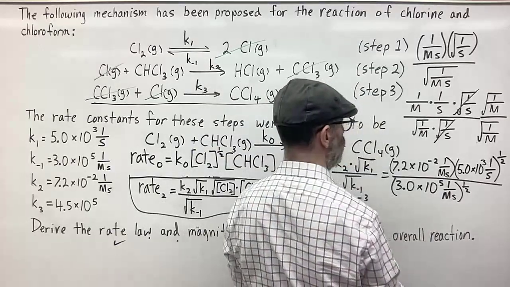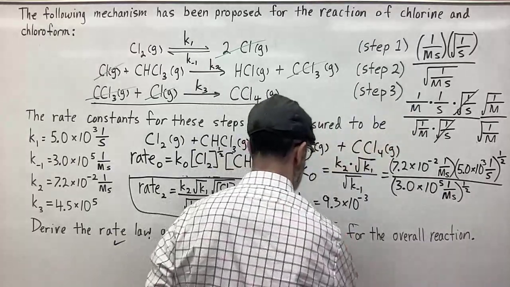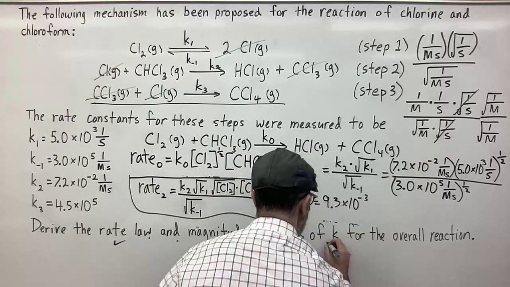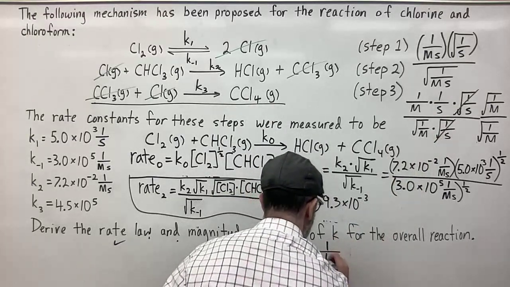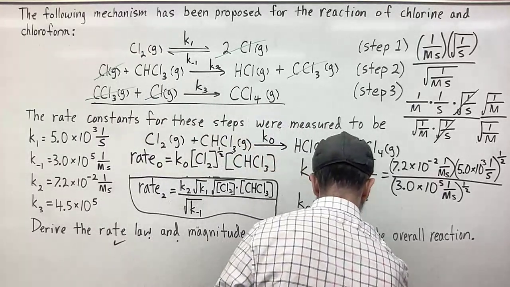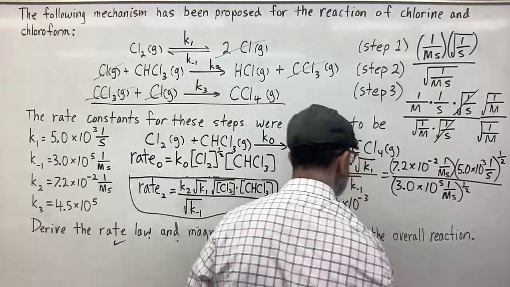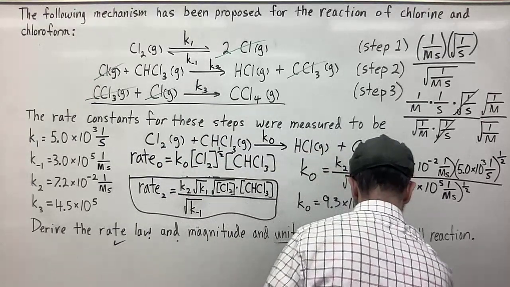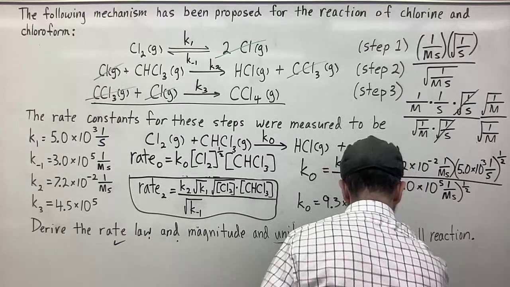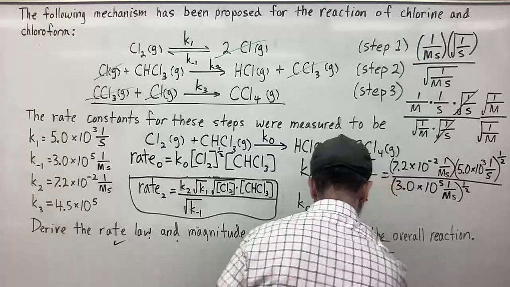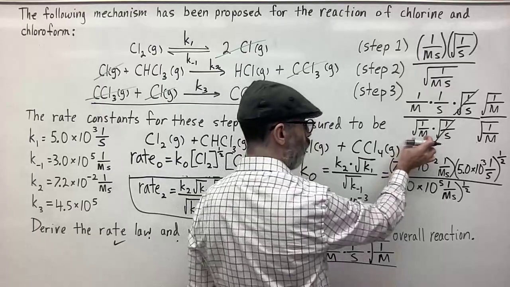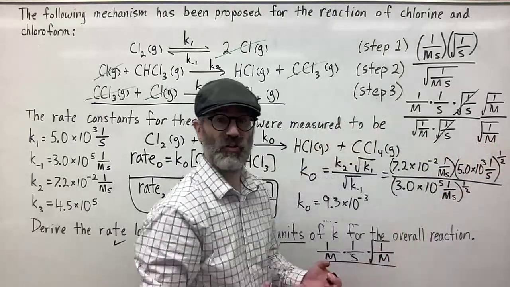So now if I continue this down here, I have 1 over m times 1 over s times the square root of 1 over m, all over the square root of 1 over m times the square root of 1 over m. Well, that gives me 1 over m.